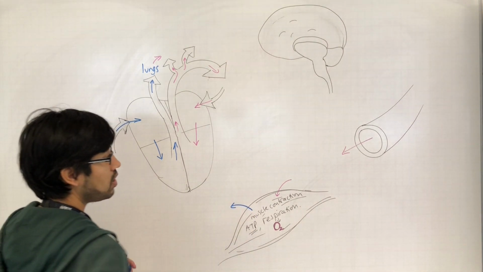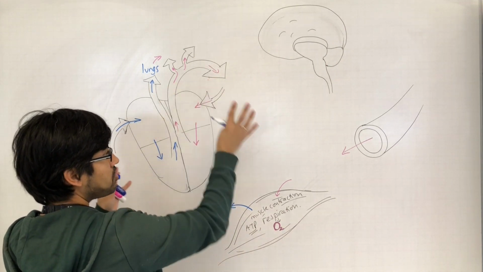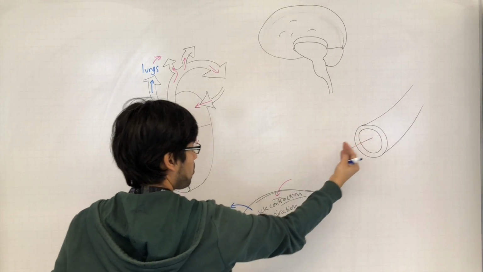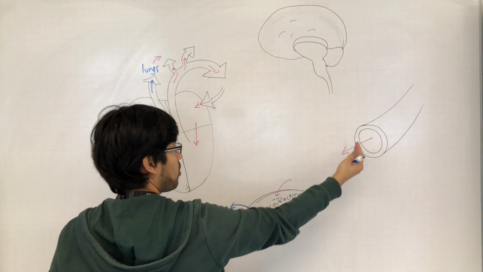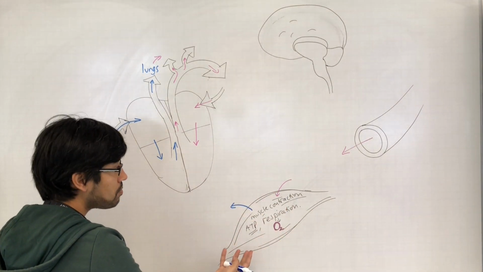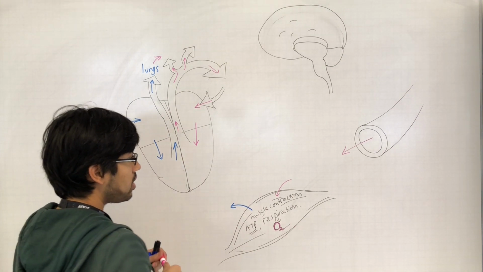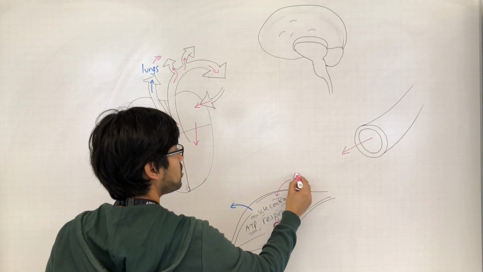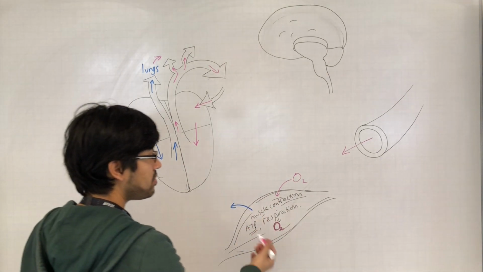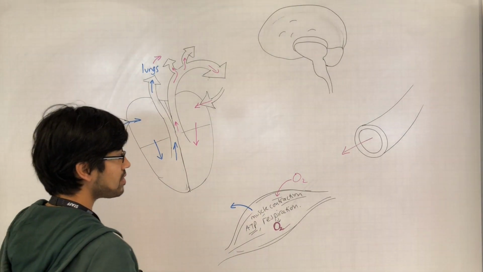Because the heart is doing what it's doing, the arteries are able to carry oxygenated blood to the cells which are carrying out respiration, providing blood with a high concentration of oxygen so that it can diffuse into the cells that require it at a high enough rate as per their requirements.